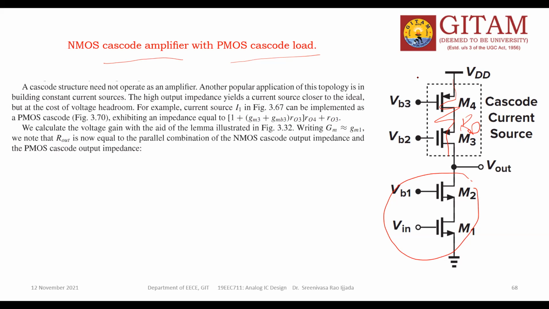For individual transistors to stay in saturation, a fixed gate potential is applied. Clear? Whenever this transistor acts as a current source, this transistor also acts as a current source. That's my point. So this is the cascode amplifier, no doubt.